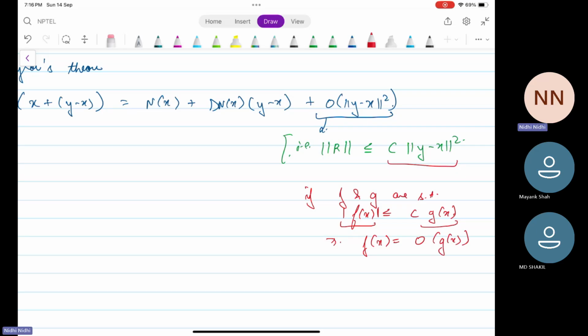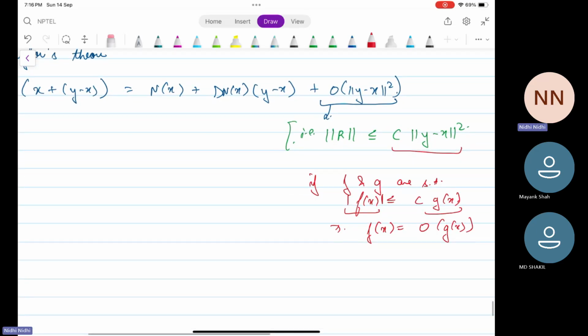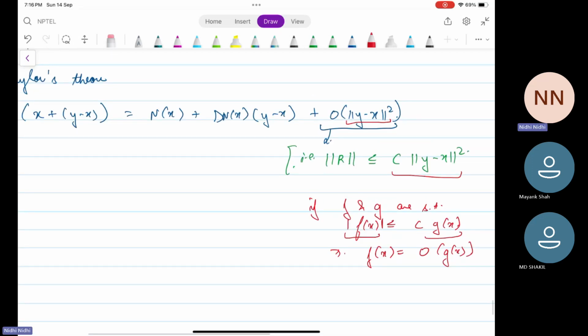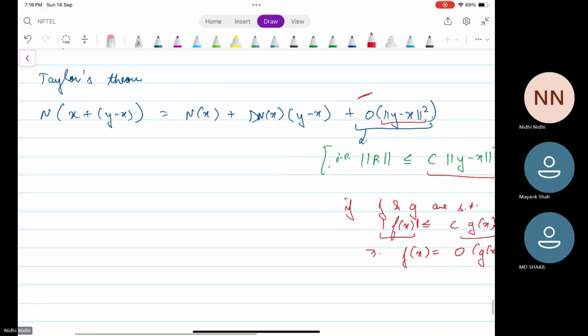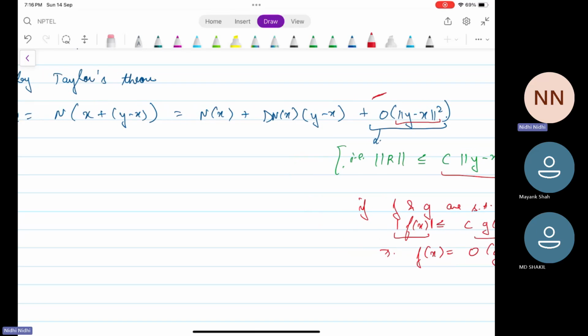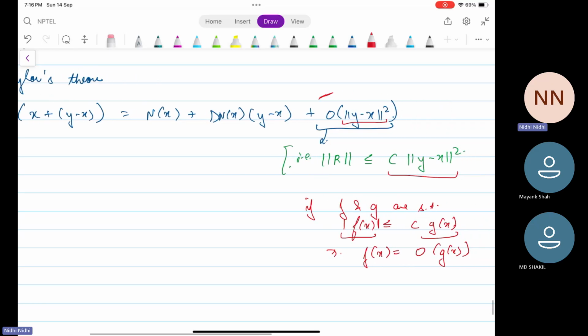So whenever the term inside big O goes to 0, the term that is replaced by this also goes to 0. Here we had some remainder term whose growth is lesser than norm y minus x squared. Okay, did you get this big O idea? We'll see how this will be helpful for us.